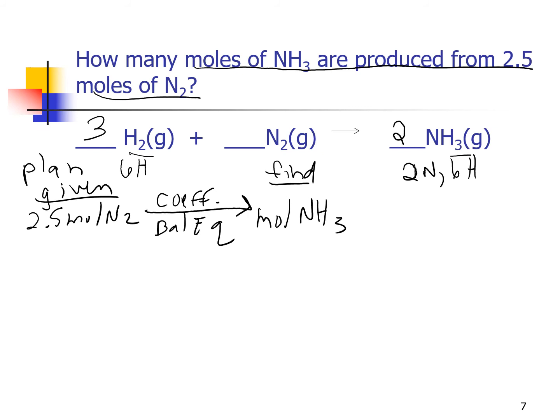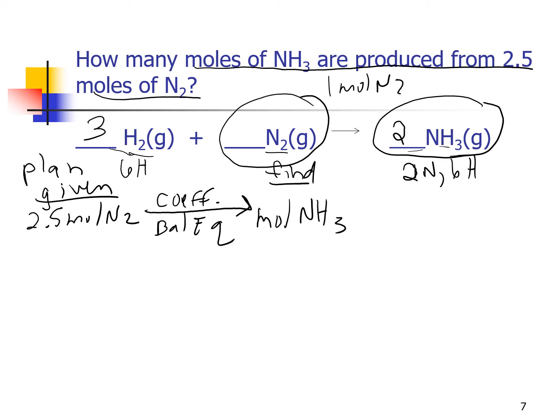So my balanced equation is 3 moles of hydrogen reacts with 1 mole of nitrogen, producing 2 moles of NH3. And in the problem, we're given just nitrogen, and we're trying to find NH3. So we're looking at nitrogen's relationship to NH3. So that's 1 mole of N2 is equivalent to 2 moles of NH3.